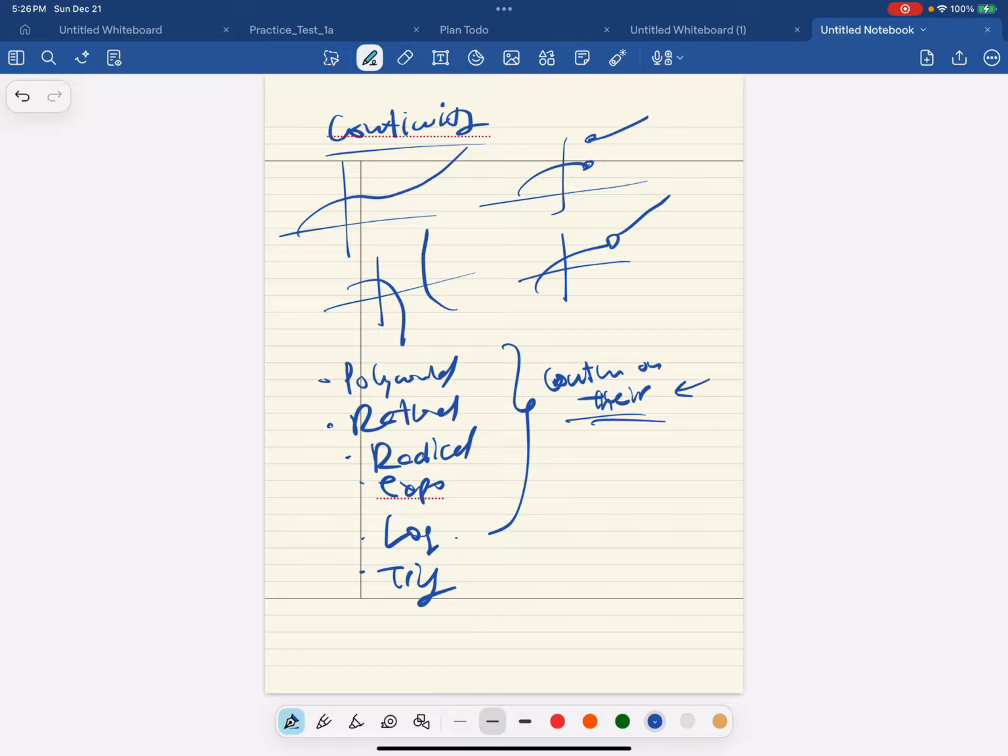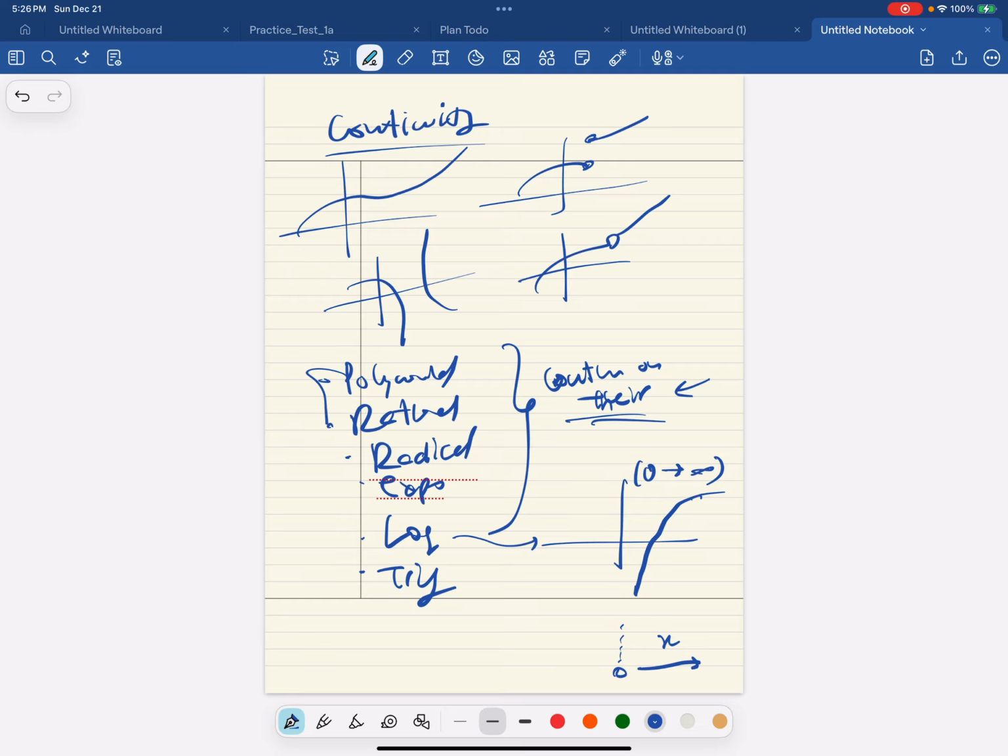So domain means, for example, log. This is their domain. The domain will be from excluding 0 to positive infinity. Meaning the x value is not 0, but whatever x value is bigger than 0.